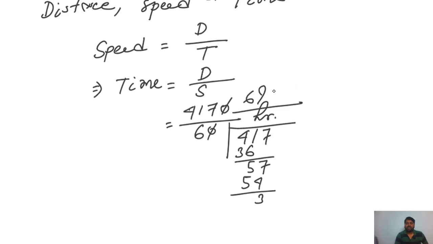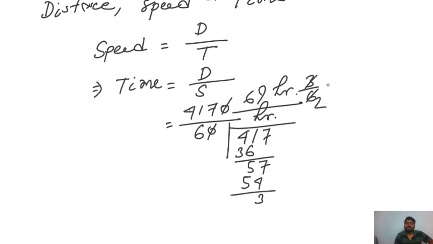Therefore, this is the hour part, and we convert the fraction to minute form. So 69 hours and 3/6 hour, which is half hour.